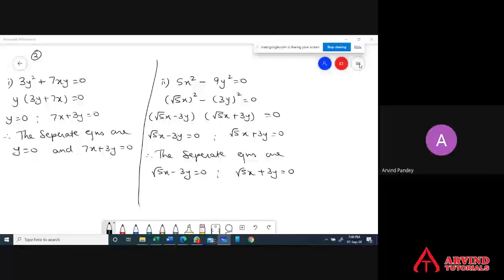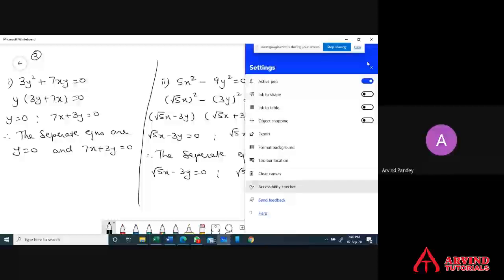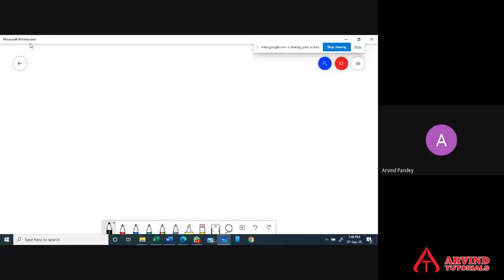Okay. You see the fourth part. See, in your fourth question, you are given 3x square minus 10xy minus 8y square equal to 0. See, 3 into minus 8 would be minus 24. So your factors will be 12xy and 2xy: 3x square minus 12xy plus 2xy minus 8y square equal to 0.